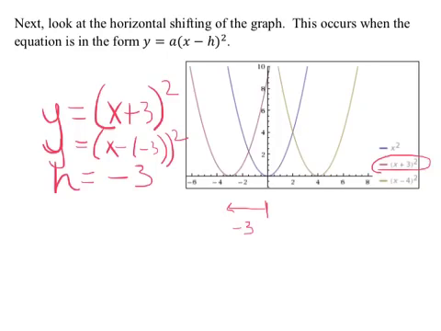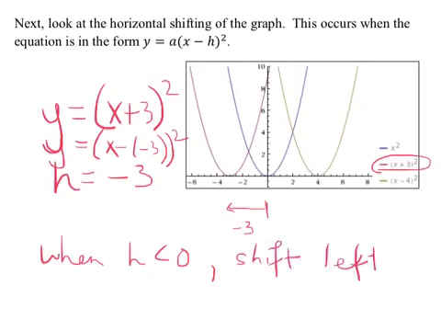Remember, x minus h is the standard form. So h is -3, it takes the place of it. So h is -3, which caused the graph to shift 3 units to the left. The same rule applies, except this time, instead of shifting up and down, which way are we shifting? Left to right. So when h is negative, the graph shifts left.